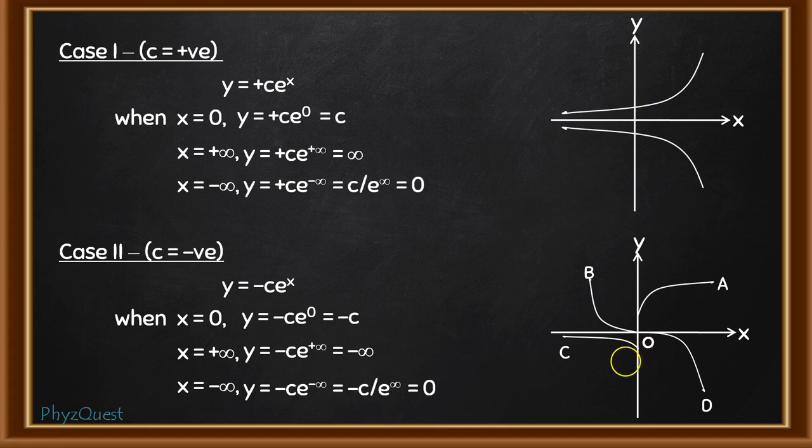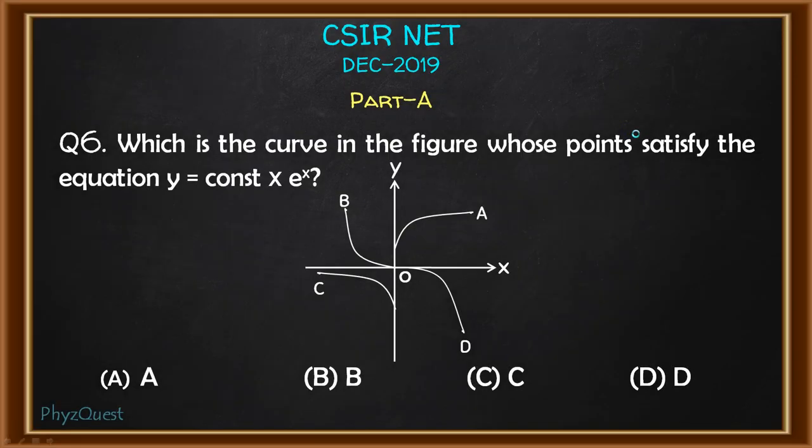So at x equal to 0, y has a negative finite value, and x tending to minus infinity, y is tending to 0. So this plot is actually matching with the region we have. Okay.